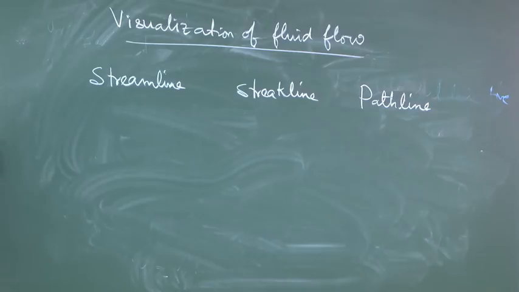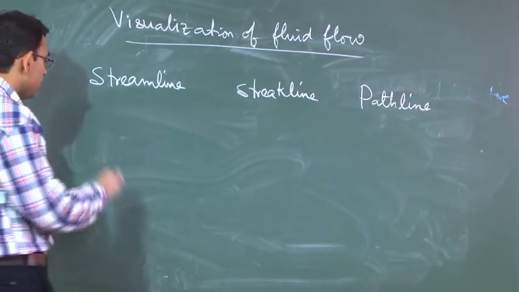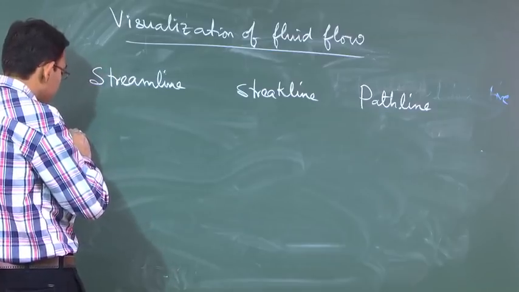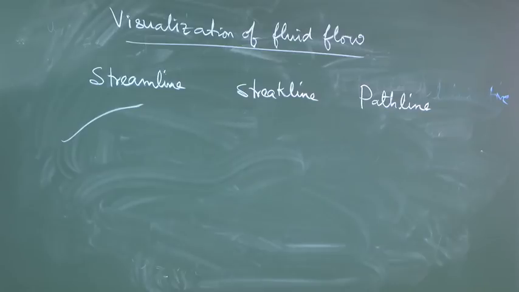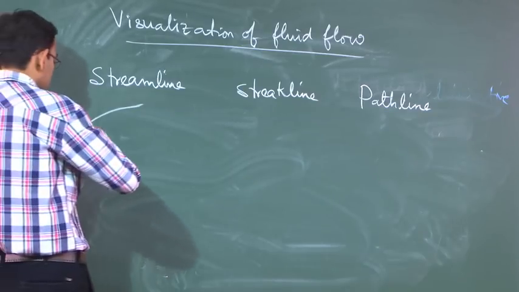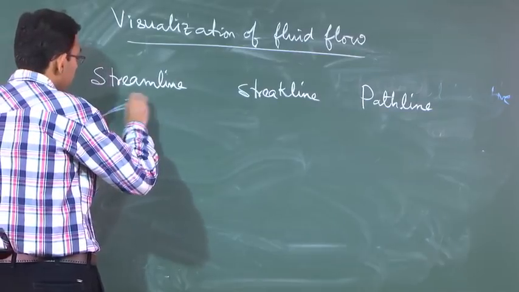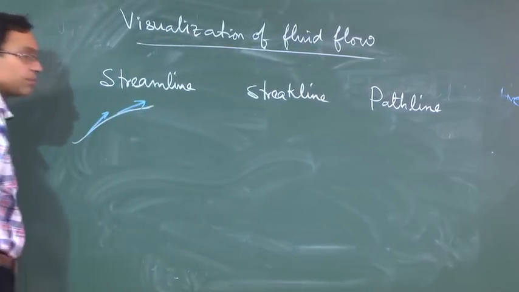So what is a streamline? Streamlines are imaginary lines in the flow field such that the tangent to it at any point represents the velocity vector at that point.